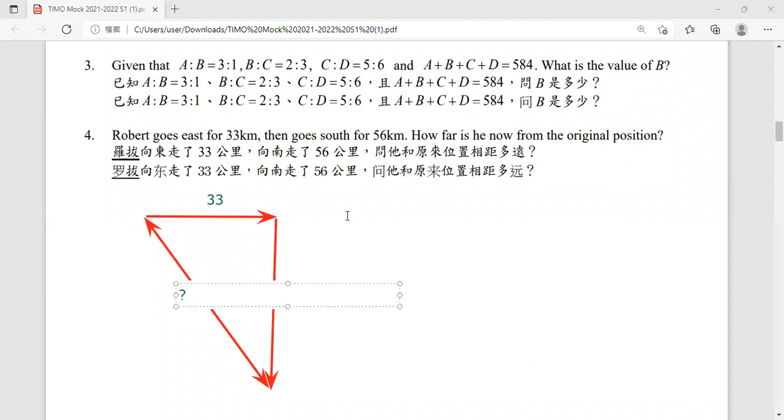Now, actually, we can use Pythagoras theorem for this one. You know what is Pythagoras theorem?